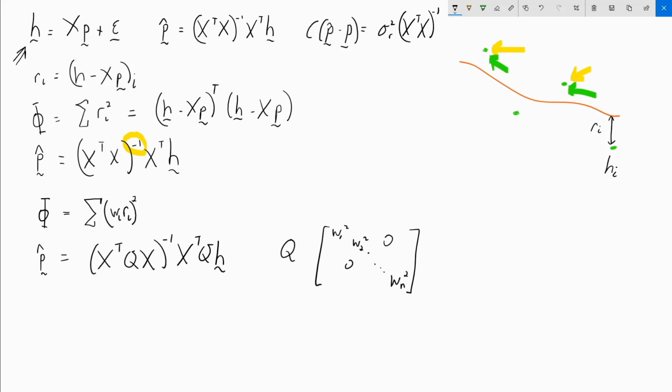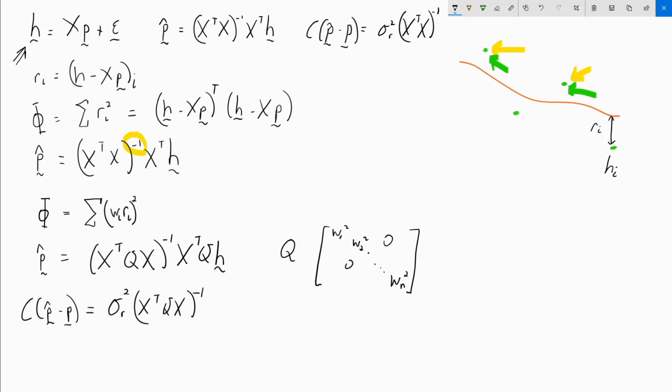In that case, it's also easily shown that my covariance matrix for parameter error, C of p hat minus p, is slightly different. It is now sigma r squared (X^T Q X)^-1.